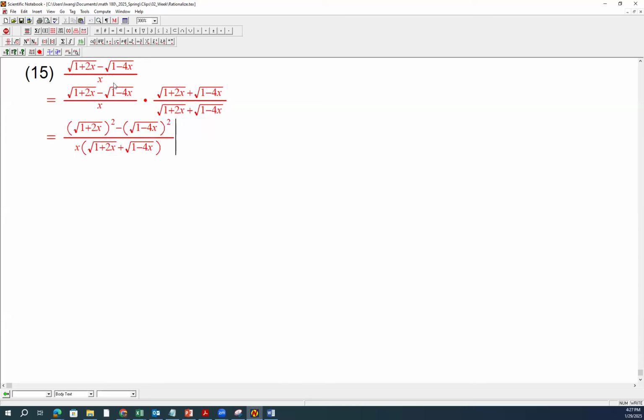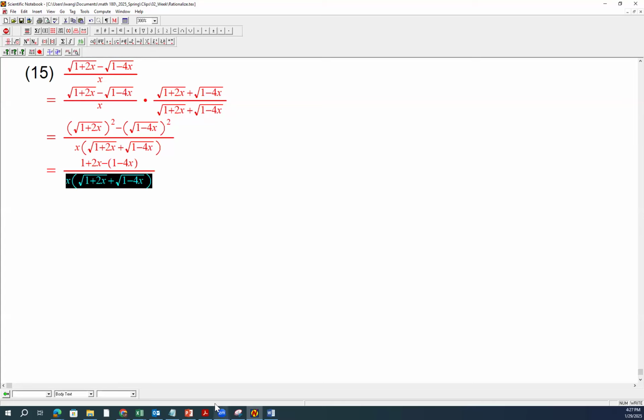Okay. And next step, this piece will be 1 plus 2x subtracting, and that piece is going to be 1 minus 4x, and don't forget the parentheses. All right. Denominator, we have that parentheses, just leave those in the factored form.